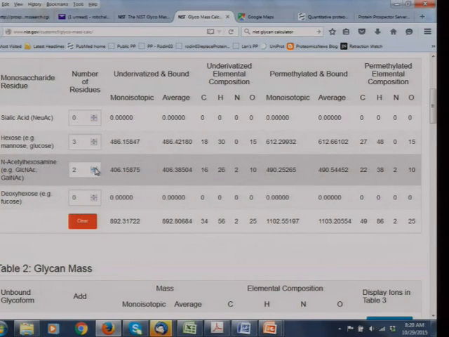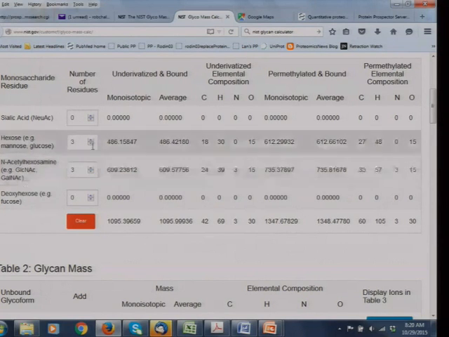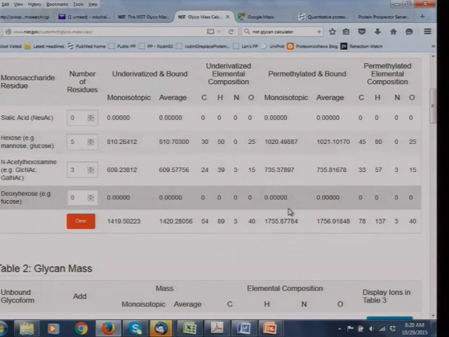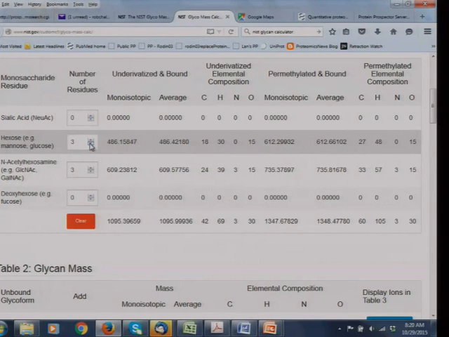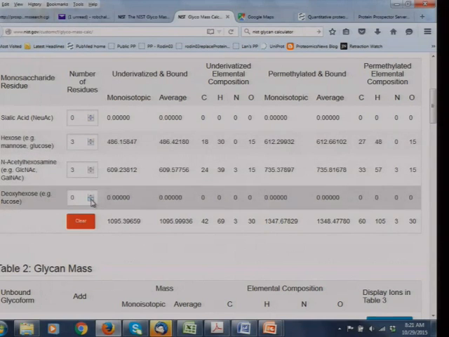Let's try putting another HexNAc in. That's very close. Oh no, it's 1241 we wanted, isn't it? So that doesn't match either. So maybe it's got a fucose in there.